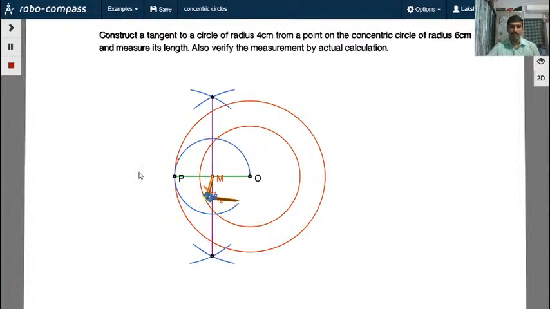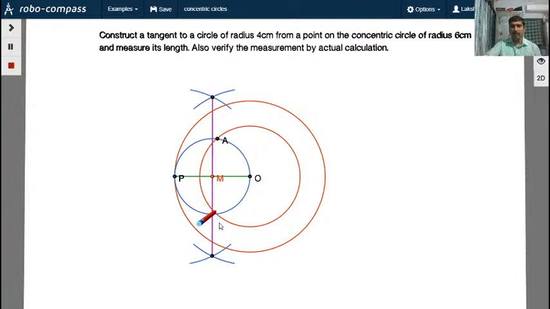Let us observe here, this is the circle which you have drawn, and this circle intersects the smaller circle at two different points. So this is one point here, and this is another point.